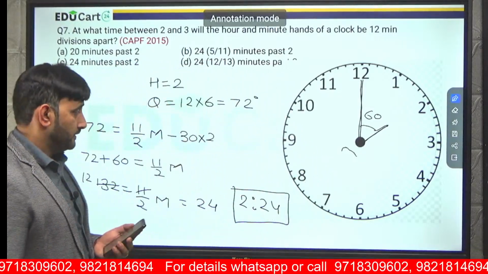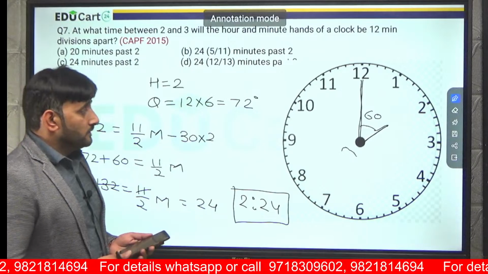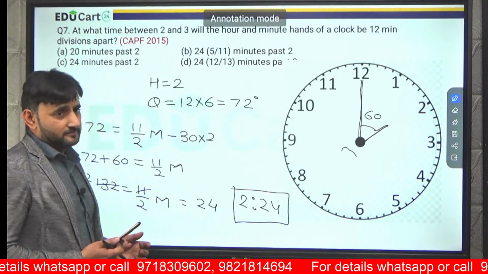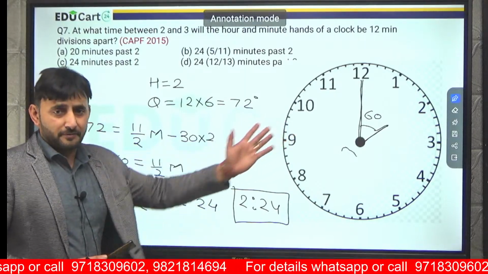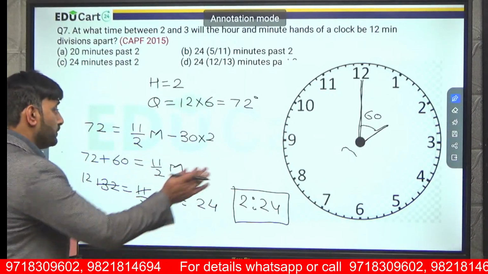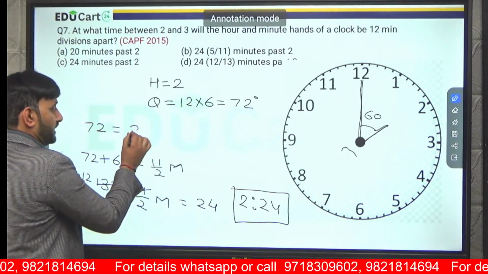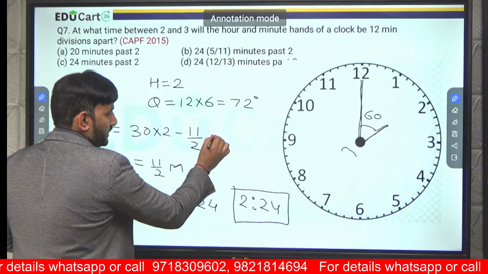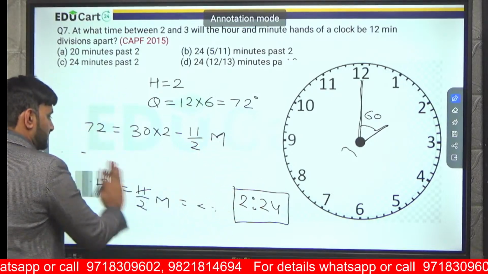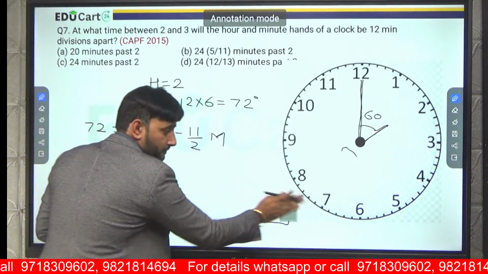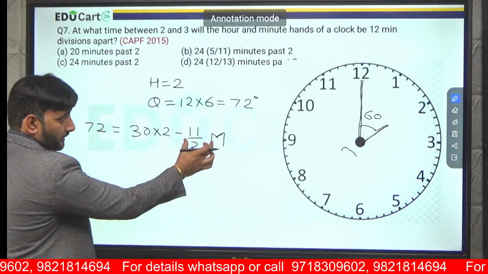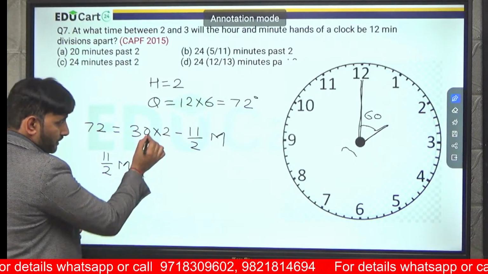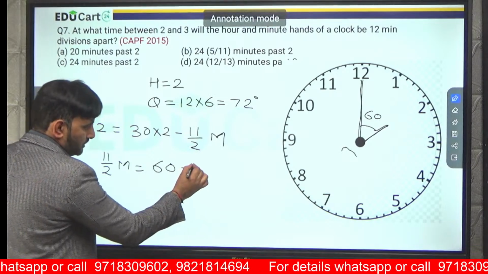Okay, fine. Now some of the students say, sir, why are you using only this formula? One thing I explained here. If you use the other formula, that is 30 into 2 minus 11/2m, in this case you will get the value of m as negative. 11/2m will come here, that is equal to, this part was 60, 72 will go there.